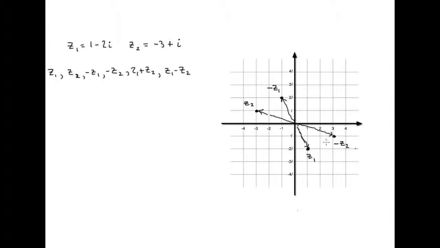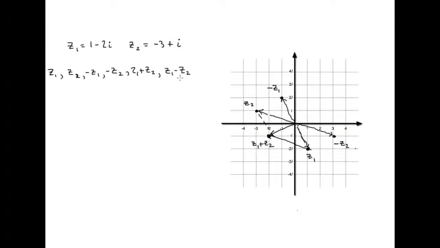z1 plus z2, there's z1, there's z2, so z1 followed by z2, and there's our parallelogram appearing. There will be the vector associated with the point representing z1 plus z2, minus 2 minus i.